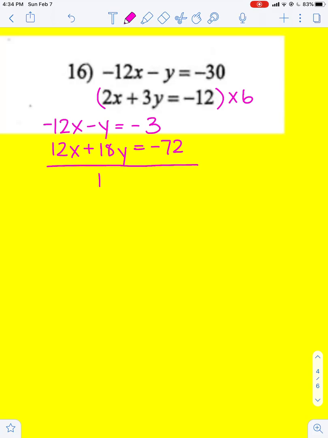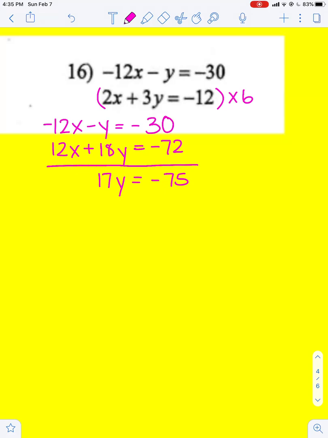So this is going to give me 17y is equal to -75. Oh, this is 30, not 3.